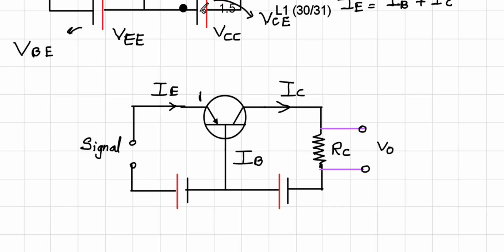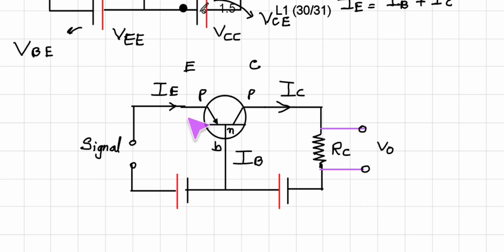So this is P type material region, this is N and this is P. Again, this is base, this is emitter and this is collector. To make the base emitter junction forward bias, in this case P should be connected to positive and the base region N should be connected to negative.